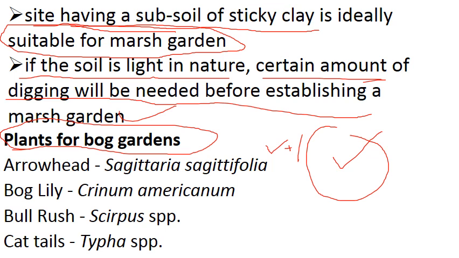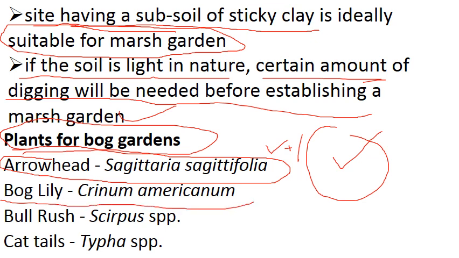Then comes the living portion, that is plants. Arrowhead plants, Sagittaria, we already saw this plant in water garden also. Bog lily, Crinum americanum, bulrush, Scirpus species. Cattails, cattails are very famous in India, you can see them everywhere. Maximum area has cattail plants.